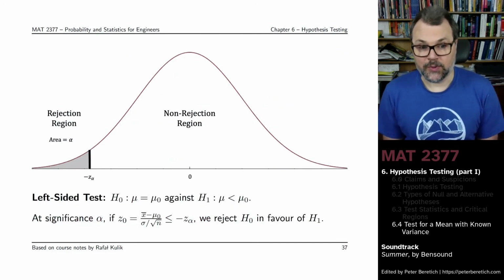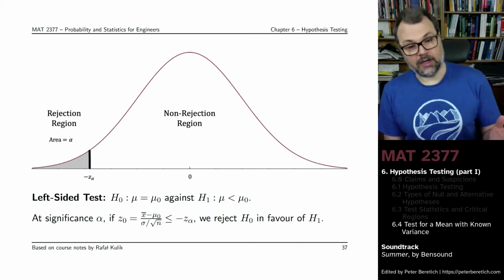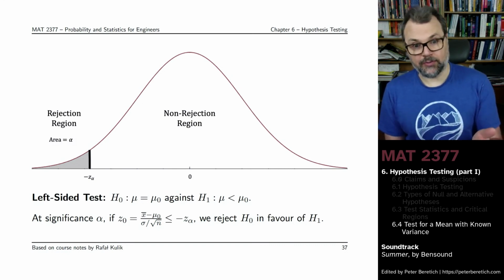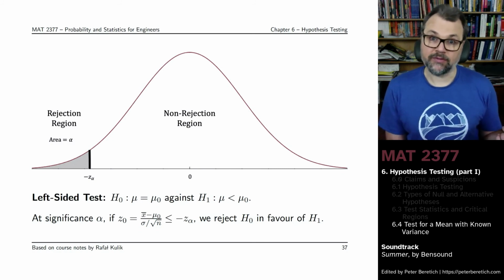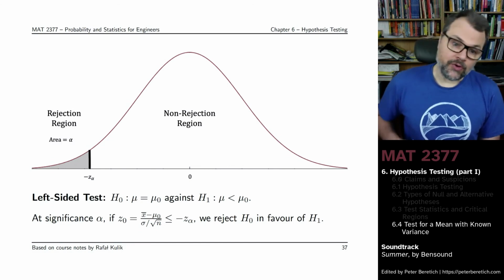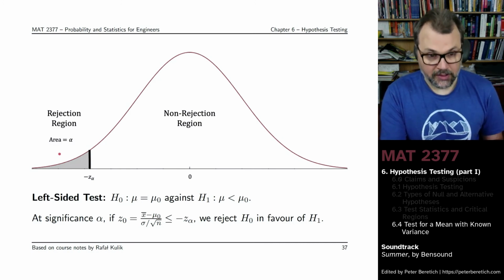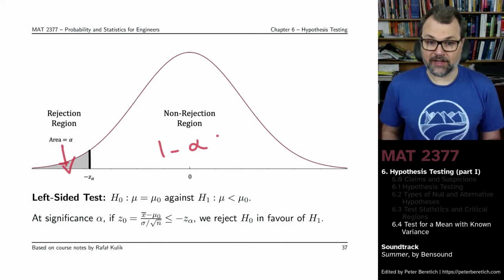Graphically, this is what it looks like. If you're doing a left-sided test, testing the null hypothesis that the true population mean mu is equal to some candidate mu naught against the alternative that it should be smaller than mu naught, you're going to first find in the standard normal distribution the critical value that corresponds to an area alpha, area 1 minus alpha.